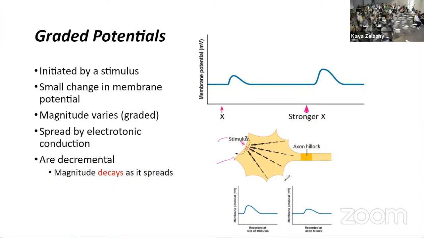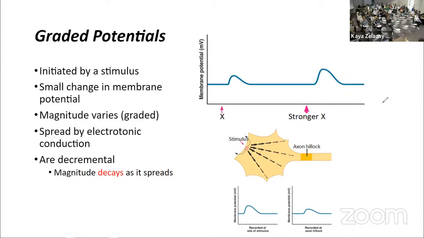We call them graded potentials because they're not all the same. When we talk about action potentials, every time you see a graph of the action potential, it's going to have exactly the same numbers on it. It's always going to peak up to positive 30, always going to drop down below rest, always going to come back to rest. Always starts by hitting that threshold of negative 55. So every single time you see an action potential, it looks exactly the same. But graded potentials are not like that.